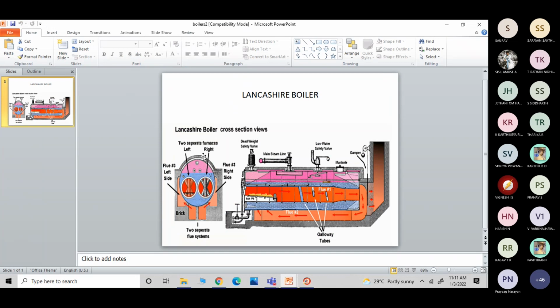See, the Lancashire boiler is an example of the fire tube boiler where the hot gases flow at the center, and the tube is surrounded by cooling water. So the heat is transferred from the hot gas to the tube material and from the tube material to the surrounding cold water.